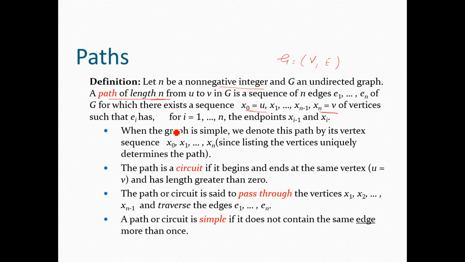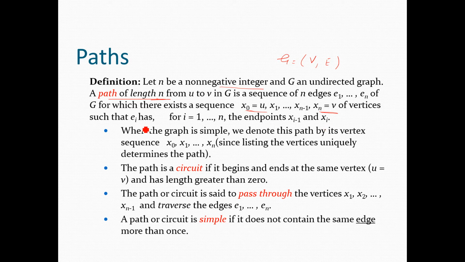Such that for i varying from 1 to n, that is for every edge e1, e2, ..., en, the endpoints are xi-1 and xi. Okay, a path of length n from u to v in G is a sequence of n edges of G for which there exists a sequence of vertices such that ei has the endpoints xi-1 and xi.